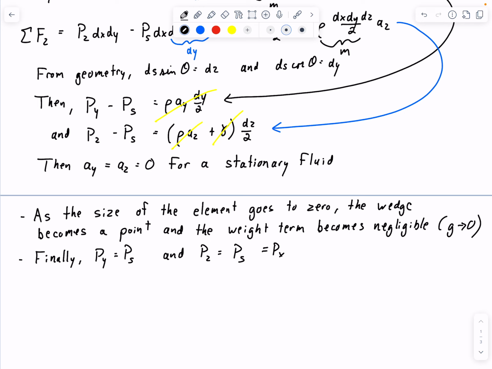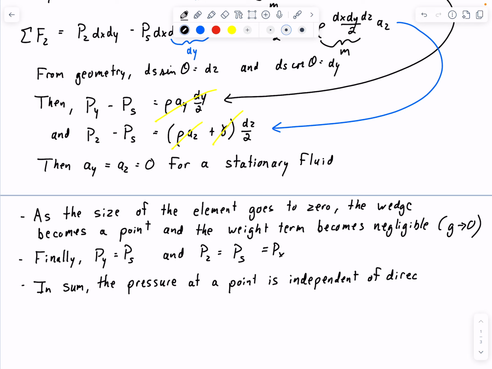So what is the message here? In sum, why did we go through all this to just find that these terms are equal to each other? What does this tell us? In sum, we find that the pressure at a point in a fluid that is stationary is independent of direction.